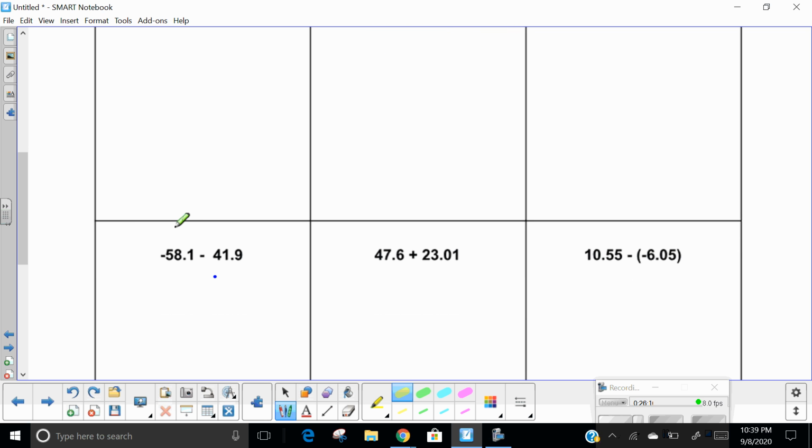So the first thing I'm going to do is I'm going to write my steps right above it, SAO. This is an addition problem. This is a subtraction problem. Since it's subtraction, subtraction begins with S, so I'm going to use my nonsense word, SAO, and I'm going to write those steps over top of each part of the problem, and I'm going to solve.